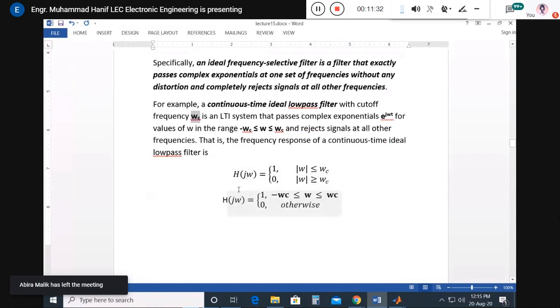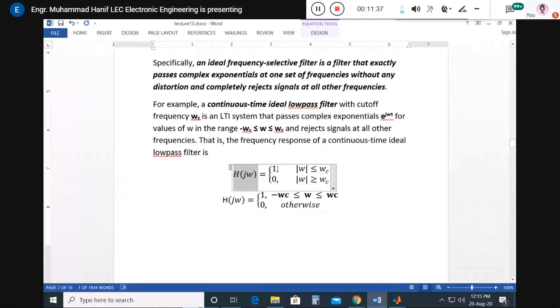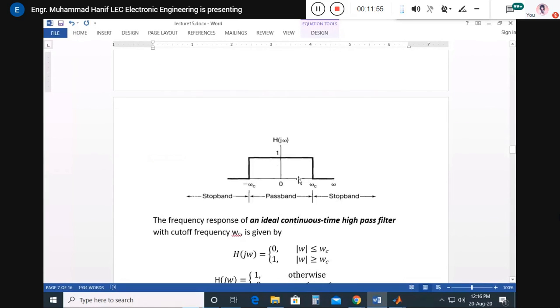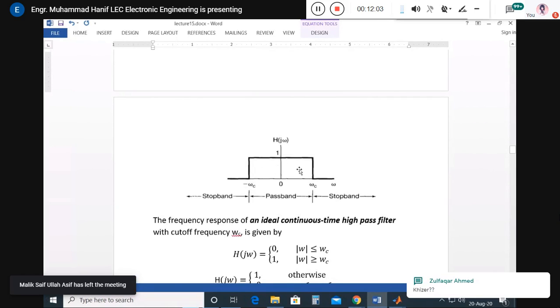So the frequency response for the continuous time filter is represented by H of j omega, which is equal to 1 when magnitude of omega is less than or equal to omega c, or we say its amplitude is 1 when omega is between minus omega c and plus omega c, and it is 0 otherwise. Graphically it looks like this: कि आपके पास zero frequency है, then between minus omega c and plus omega c its amplitude equals 1 and otherwise it is 0.